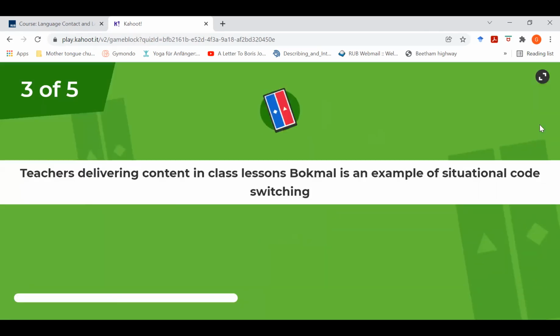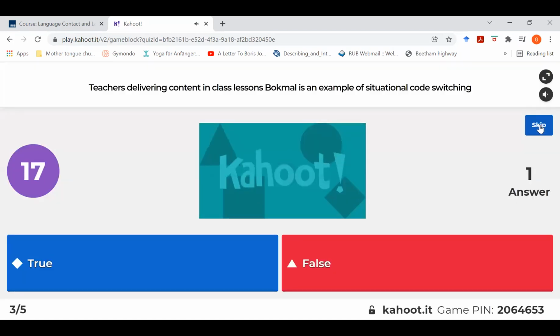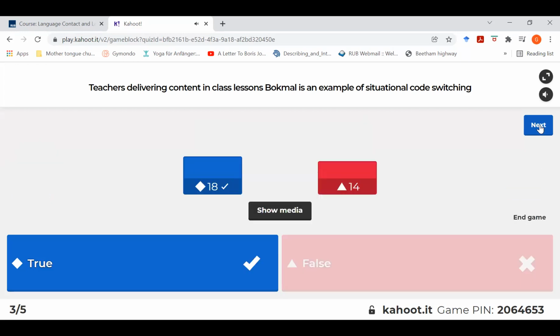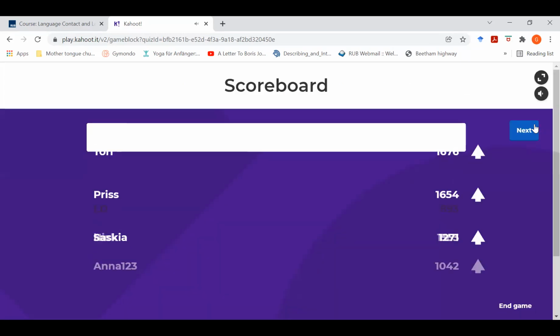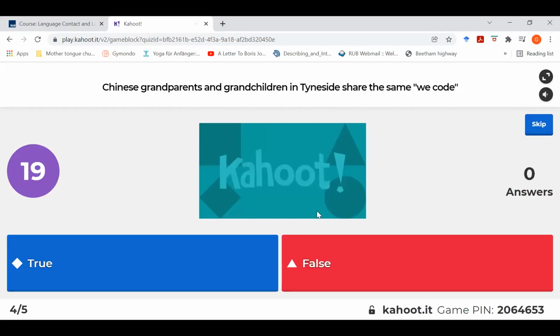Oh, and that is also true of how language is used there. Yeah, it's situational as well. Oh, right, sorry, no, sorry. You just have to guess, sorry.